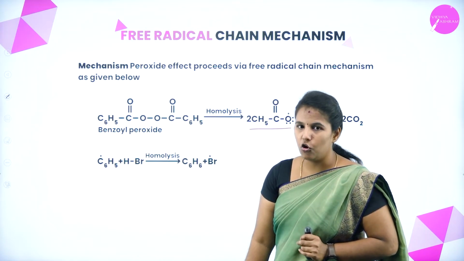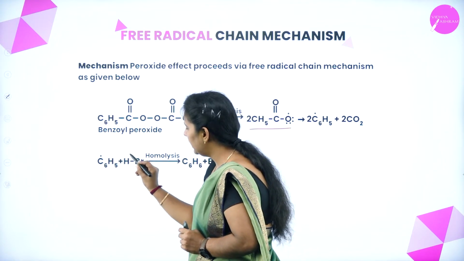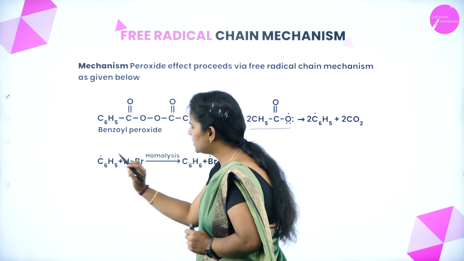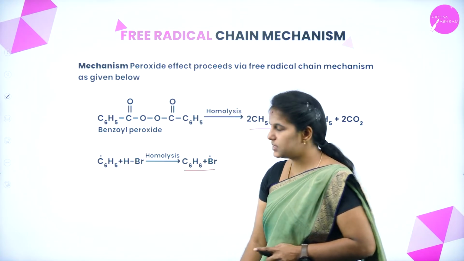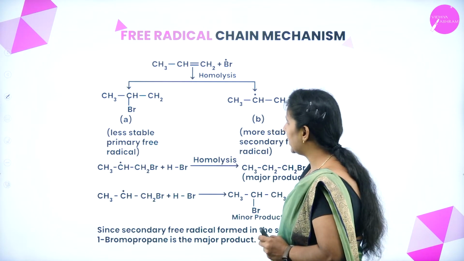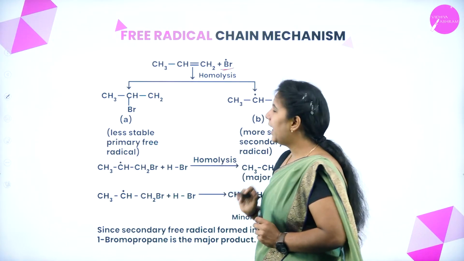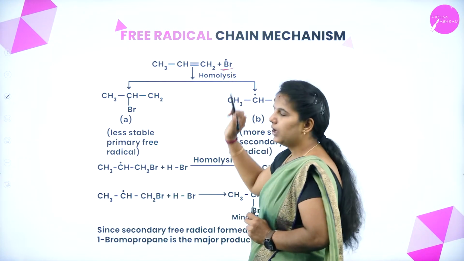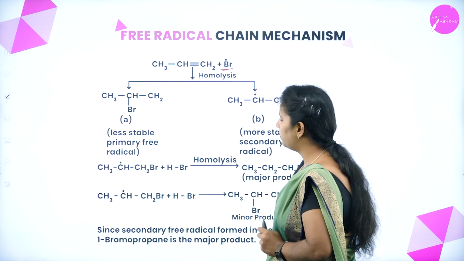Again it undergoes homolysis. So we know that the C6H5 radical reacts with HBr, accepts the hydrogen, and forms C6H6 with the Br radical. In the next step, this Br, attacks the propene and undergoes homolysis to give rise to two different products.